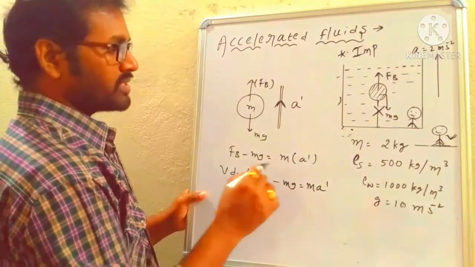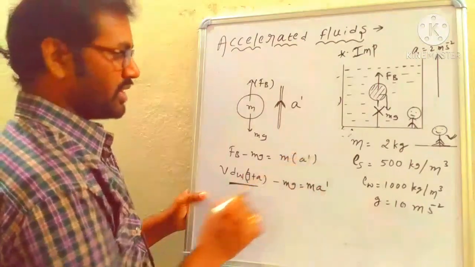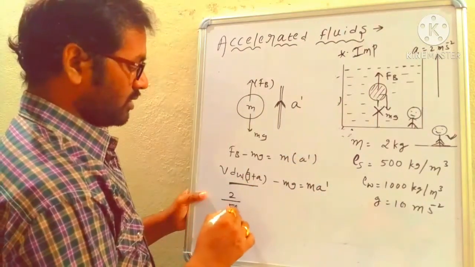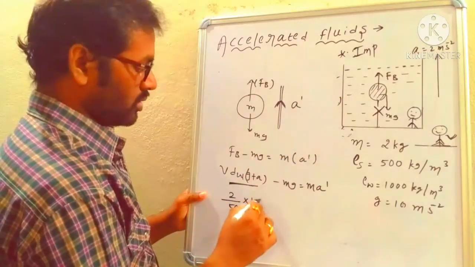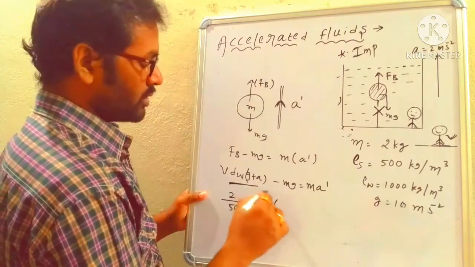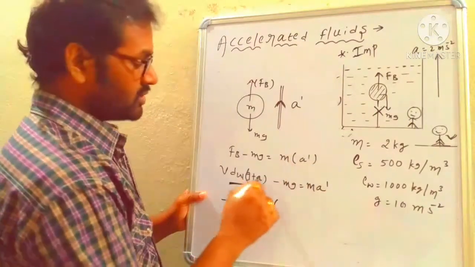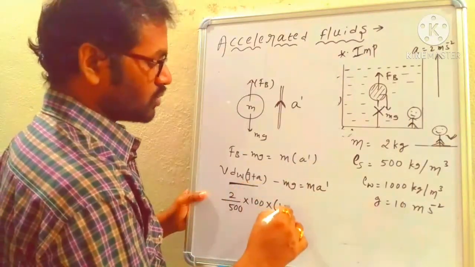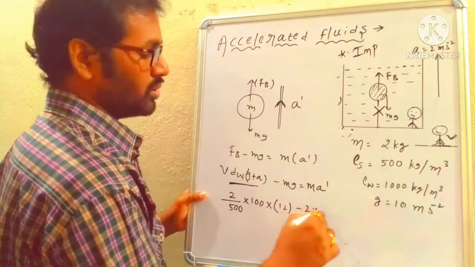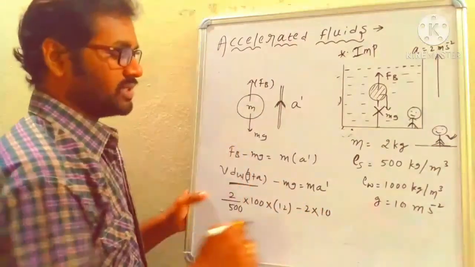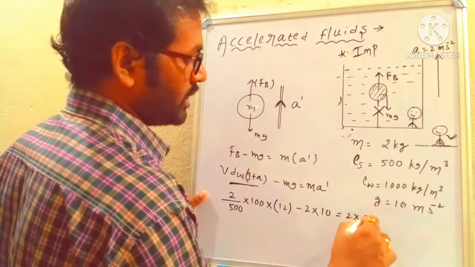Now volume is how much you got? Volume is mass by density, which means 2 by 500 into 1000 into, we have done earlier, g plus a, 10 plus 2, which is 12, minus m2 into gravity is 10, which is equal to 2 into a dash.